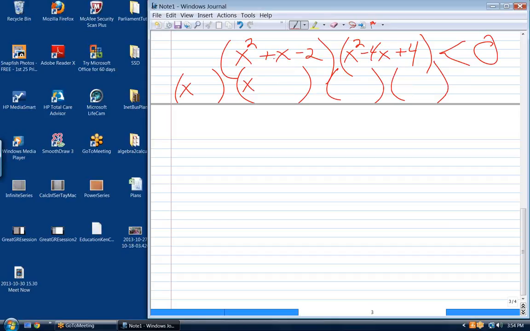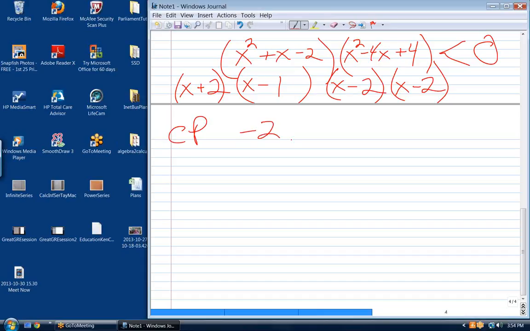It would be positive 2 and negative 1. Good. And this one factors how? It would give you negative 2, negative 2. So our critical points are negative 2, positive 1, and positive 2.